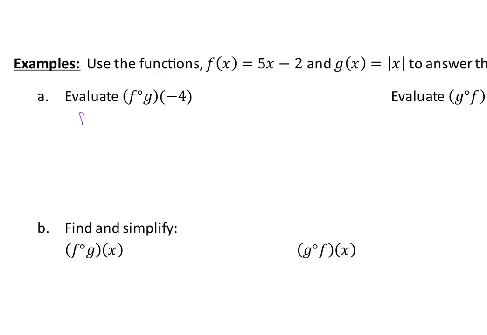And so if we start by writing it using our other notation, what this means is I want to calculate g of -4. Our g of x equation is absolute value of x. If we plug in -4, we get the absolute value of -4, which is equal to +4.